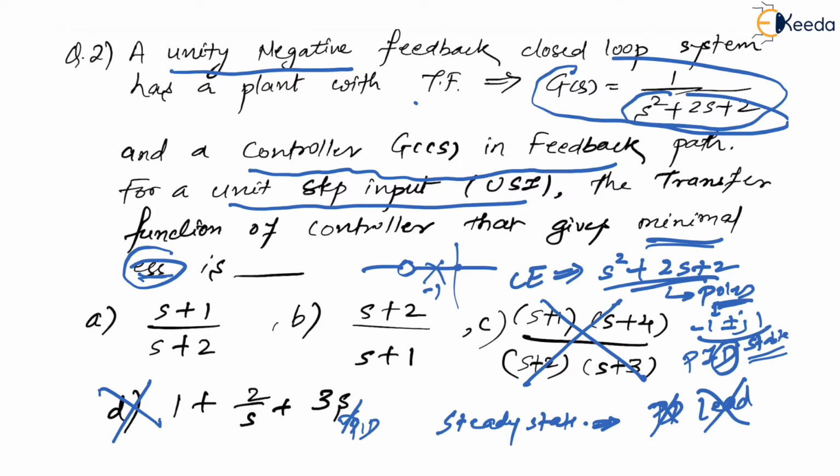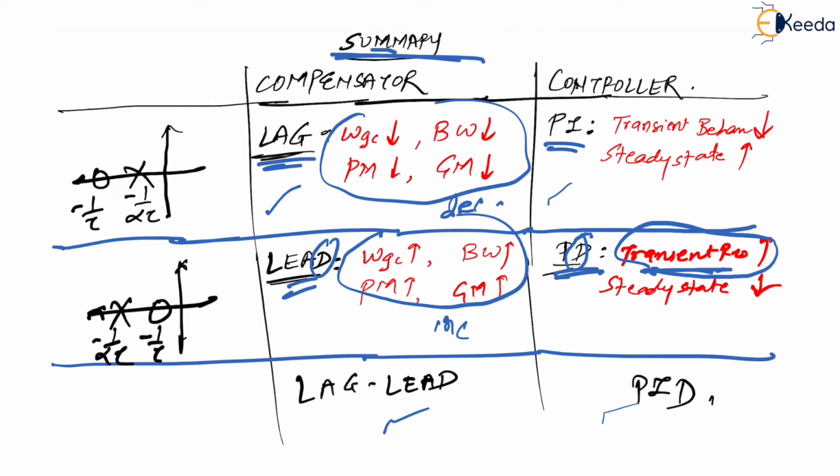This happens when this becomes -1 and this is -2, which means option B is the right answer. This is the lag one. That's it. Option B is the answer. So if you just check this summary, we can solve almost all the problems, right? Now let us think of the third question. Third and the final question.